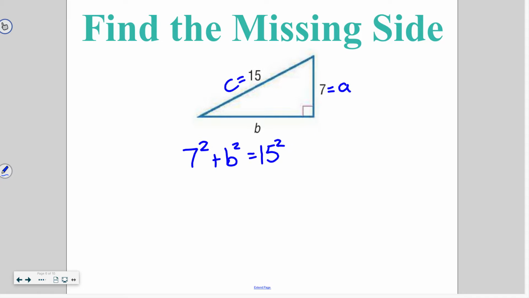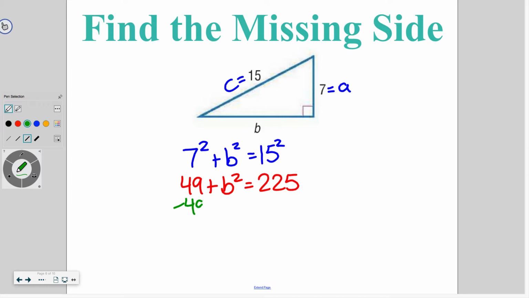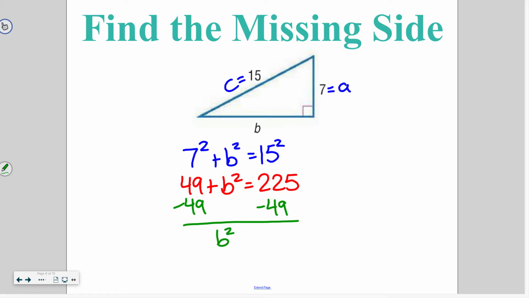Again, you're going to want to solve those squares. So 7 squared is 49, and b squared stays as is. 15 squared is 225. In order to get b squared by itself, we are going to have to get rid of the 49. So we subtract 49 from both sides, which gives us b squared is equal to 176.